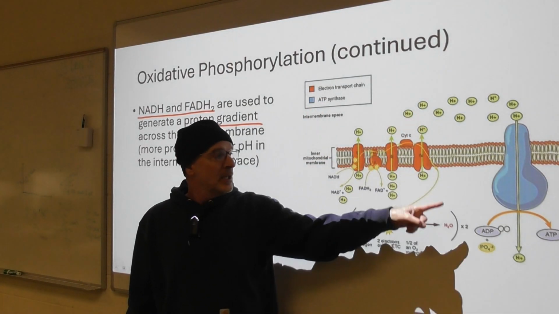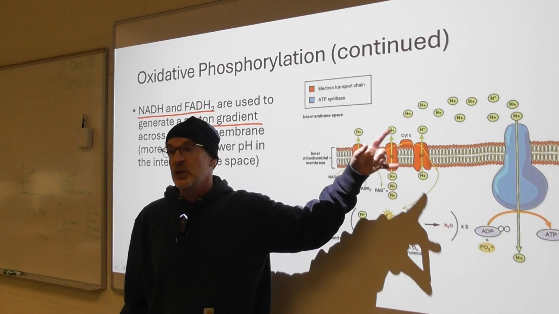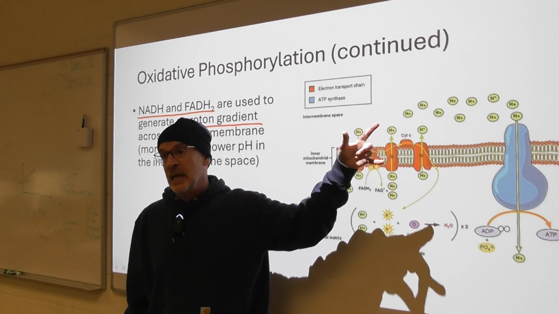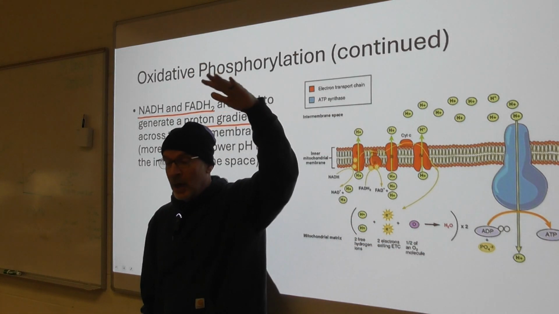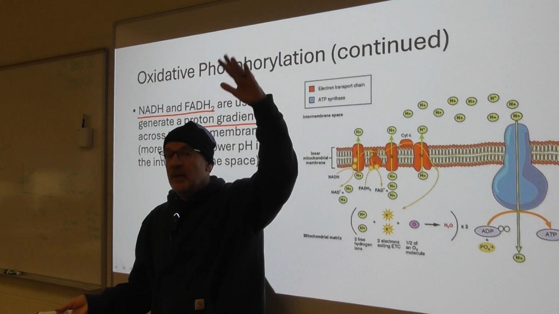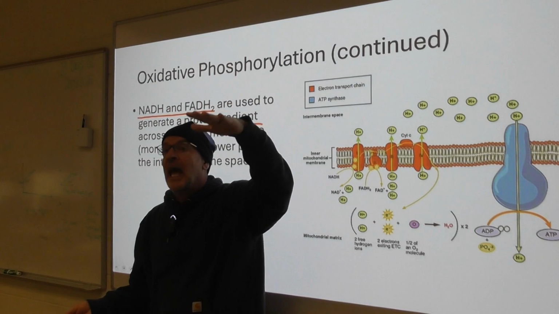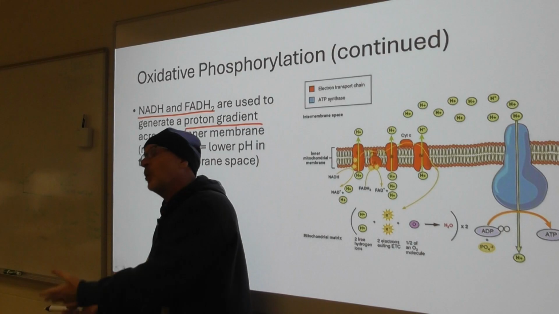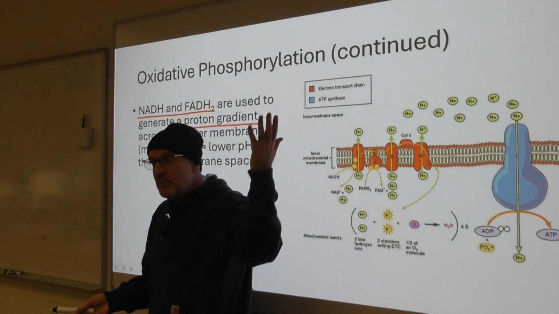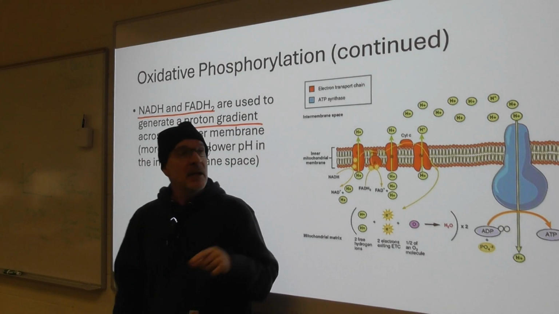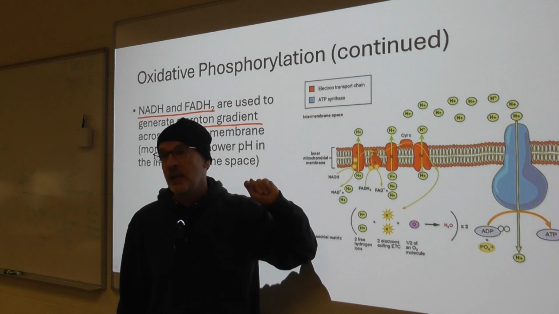There's more here, less here. That is energy, just like water in a dam. If you have a lot of water here and not very much water here, then if you let this water out, it's going to go to where there's less water, and that motion is kinetic energy. That's what happens with our proton gradient here.